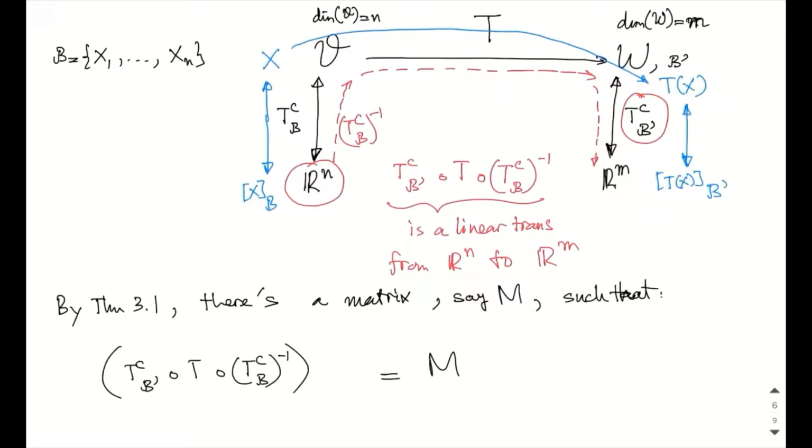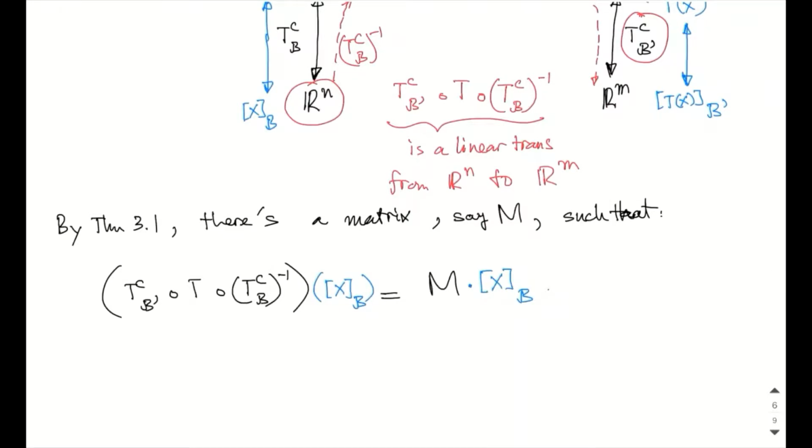So in short, this linear combination goes from Rn, takes a column vector into the associated vector, transforms it into W, and then takes the result into the coordinate in Rm. So it is going to take effect on the coordinate vector x with respect to the B basis. And so M is going to multiply with this column vector.